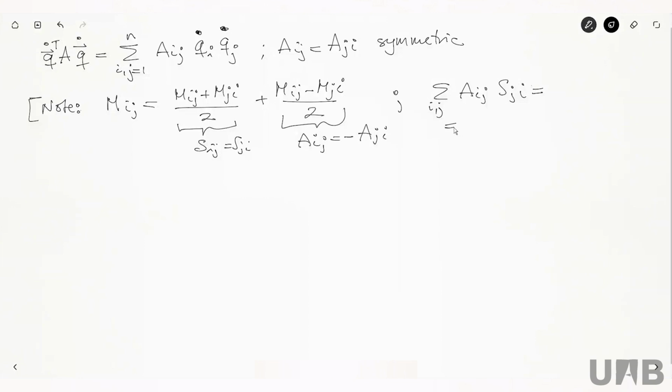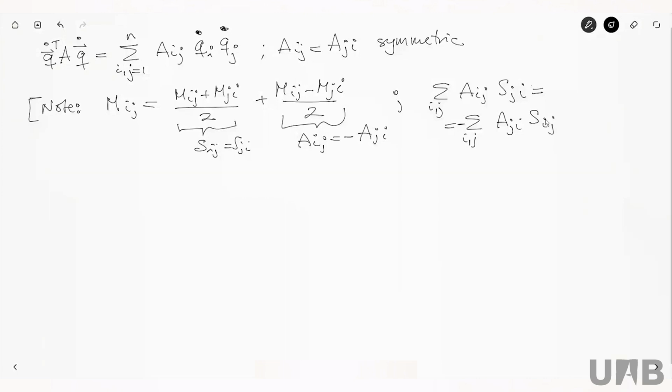Okay. So let's just change i and j in A. If I change i and j, I'm changing the sign. Agreed? Yes. And I can also change i and j here, but here I don't change the sign because this thing is symmetric.